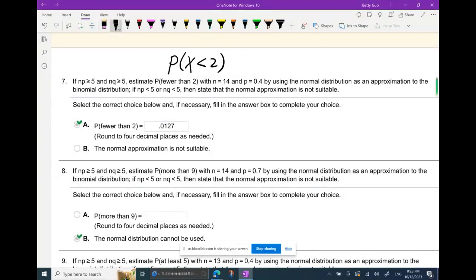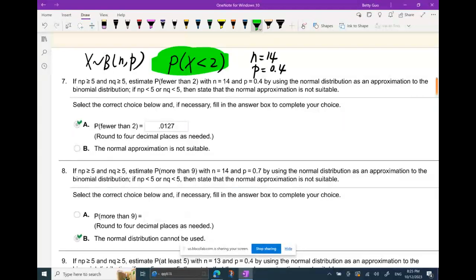Fewer than means strictly less than 2, right? We have a binomial here with n equals 14 and p equals 0.4. This is how I take notes while reading the question. And we are going to estimate this probability by using the normal distribution as the approximation to the binomial.